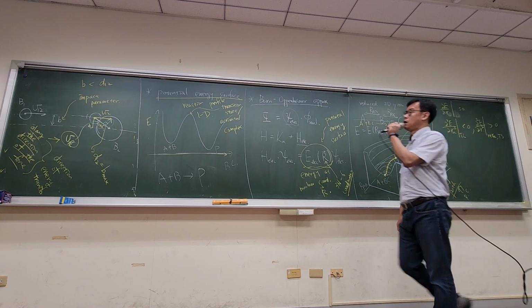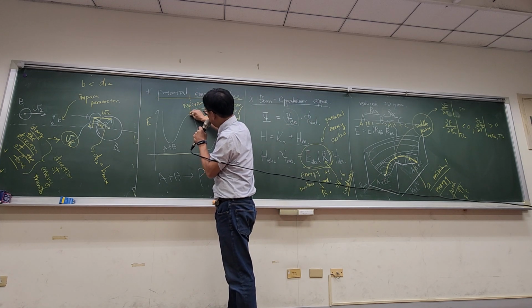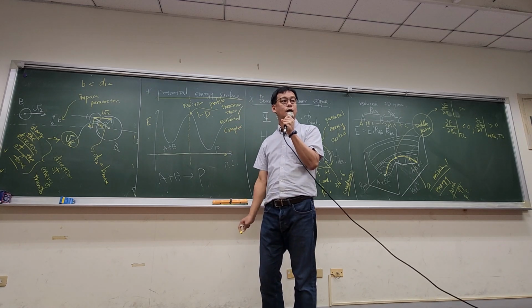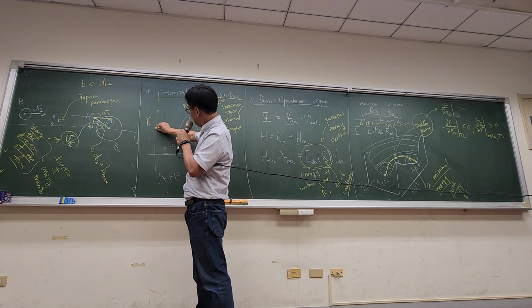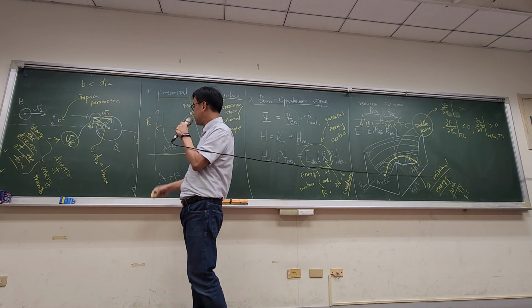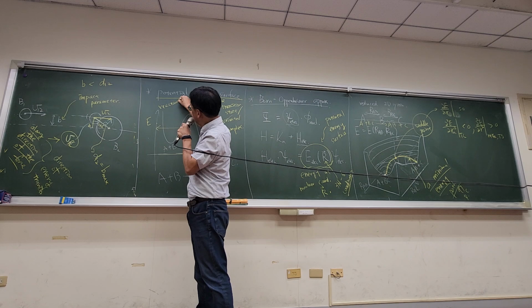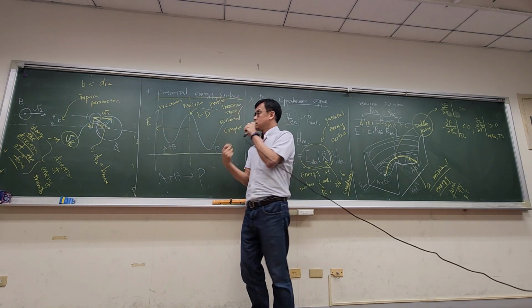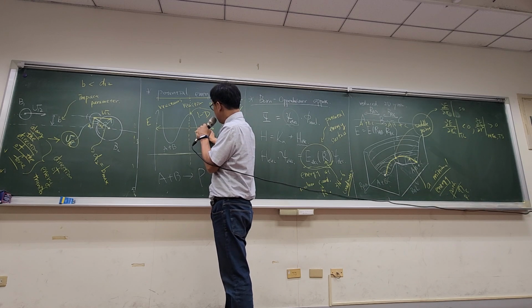Now, at the transition state, we can draw a dividing plane, saying that on the left of the dividing plane, those are reactants. And once the reactant passes the dividing plane, it goes into products.